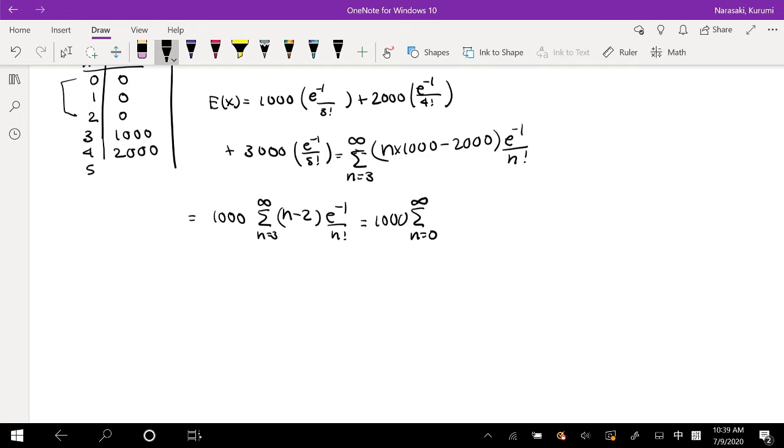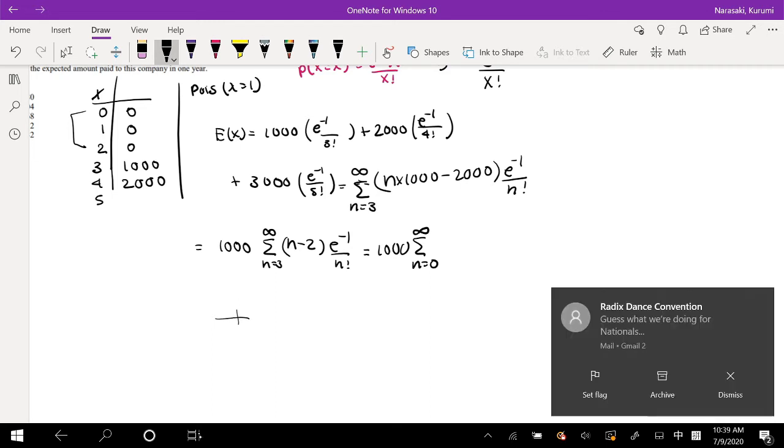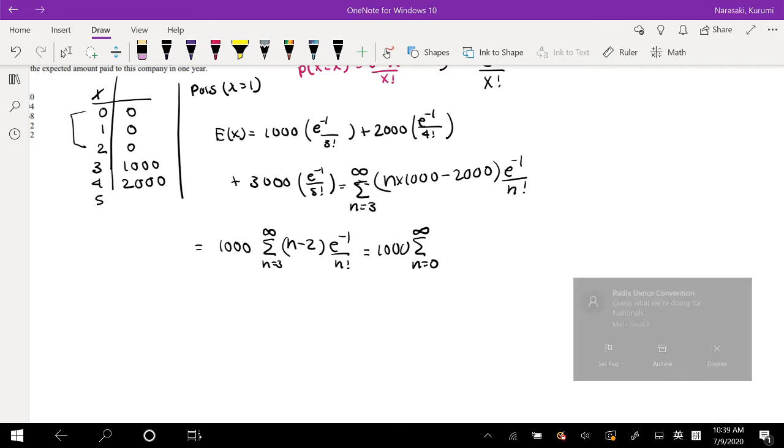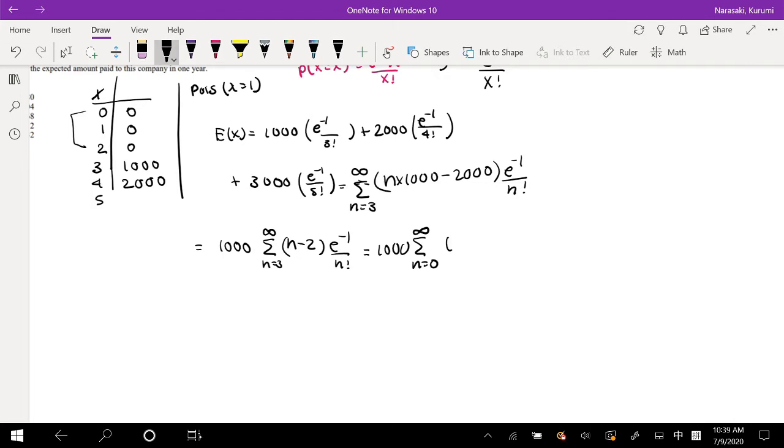We're allowed to do that because from 0 to 2, the terms are just 0. So by shifting from 3 to 0, we're adding 0 plus 0 plus 0, which really doesn't change our equation. So that's why we're allowed to continue with that process.